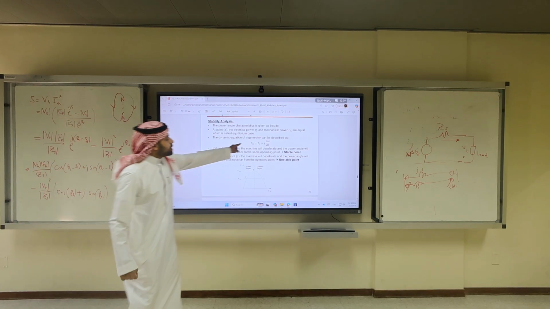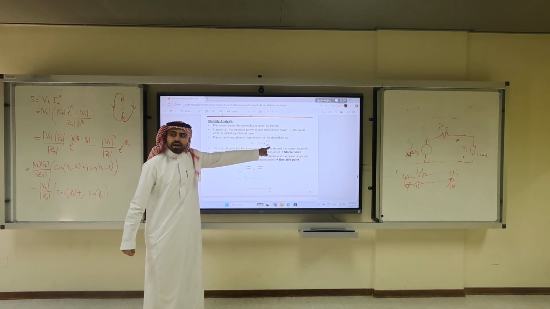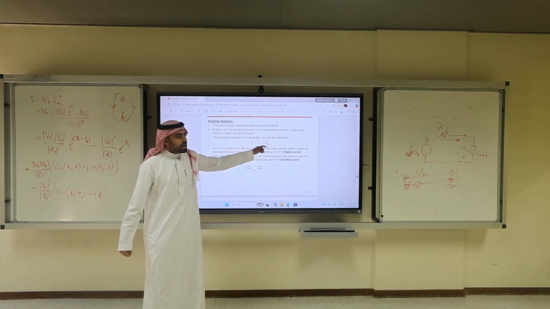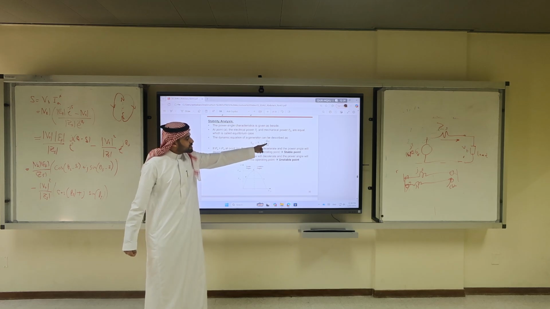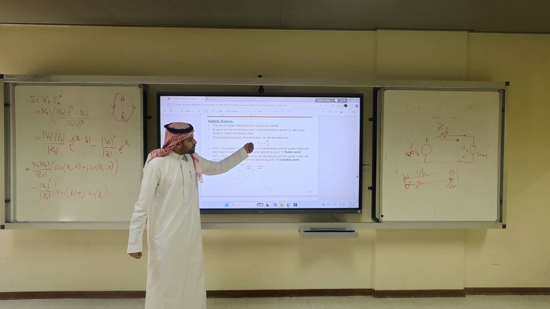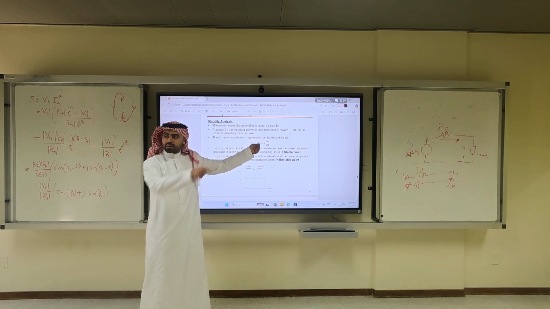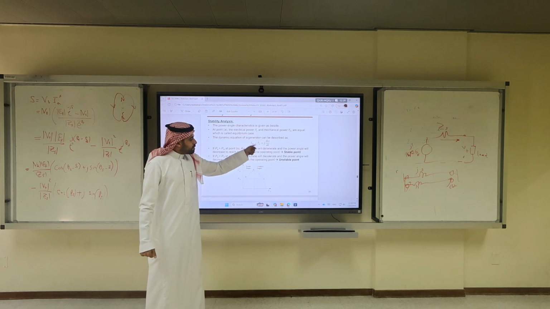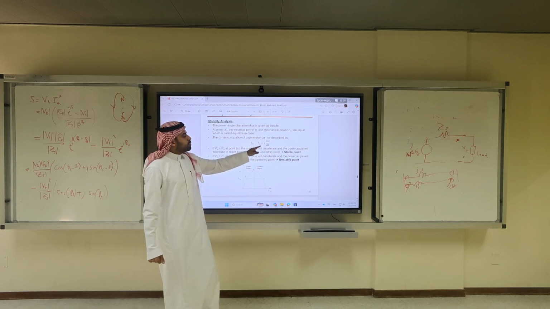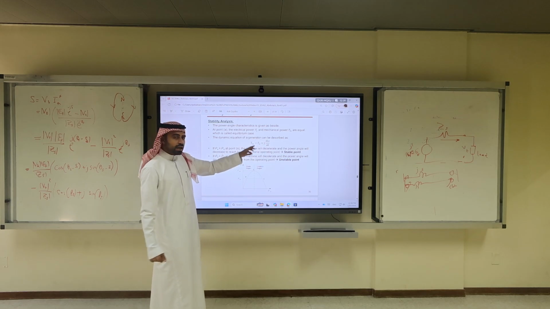If the torque between them is zero, no need to accelerate. If the torque is positive, if the mechanical shaft torque is more than the electrical torque, I need to accelerate my electric machine. This J has to do with the acceleration of the electric generator.